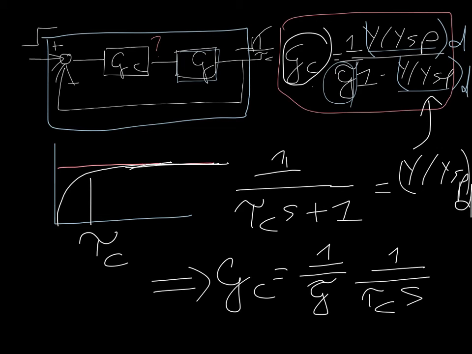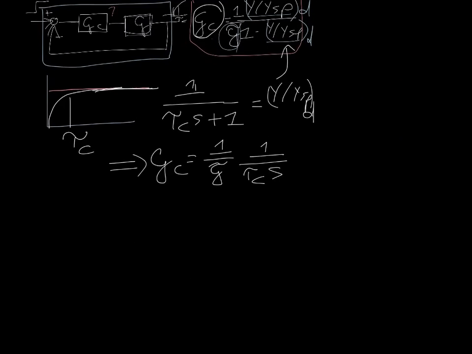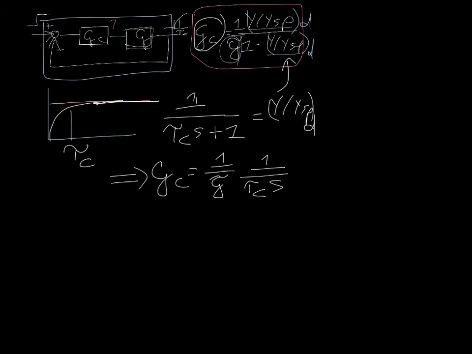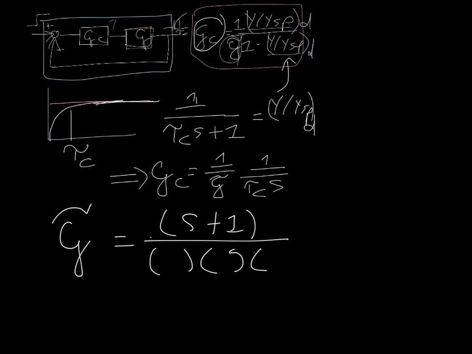If you think about what G tilde could possibly be, perhaps G tilde is something like s plus 1, a high order transfer function with lots and lots of brackets under the line. When we plug that in there, there are going to be 1, 2, 3 orders above the line and only 2 orders below the line. So this GC will not be physically realizable. That's one of the problems with this kind of technique.